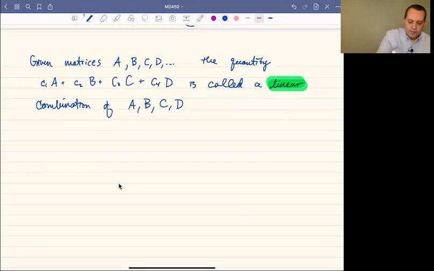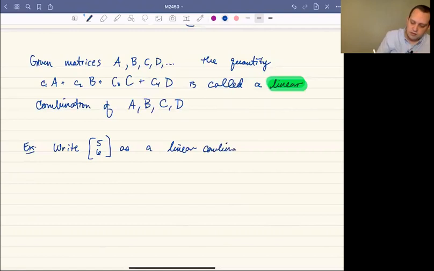So from this, we can do things like, let's write the 2x1 matrix 5, 6 as a linear combination of the columns of our matrix A, which is 1, 4, 2, 3.